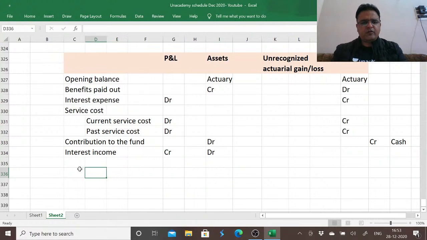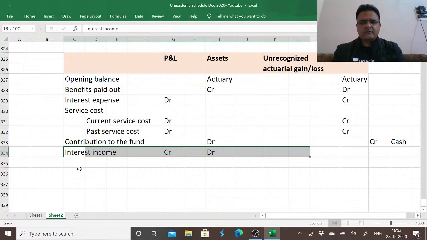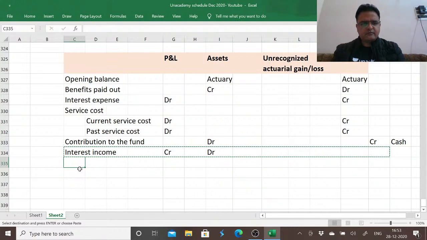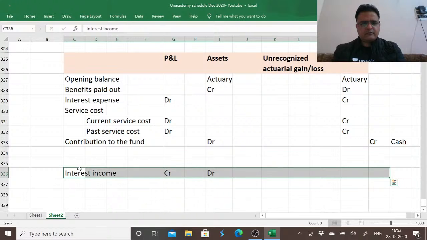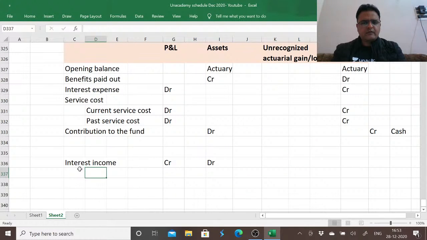And finally, we'll have total balances. So we'll have the total given to us by the actuary.